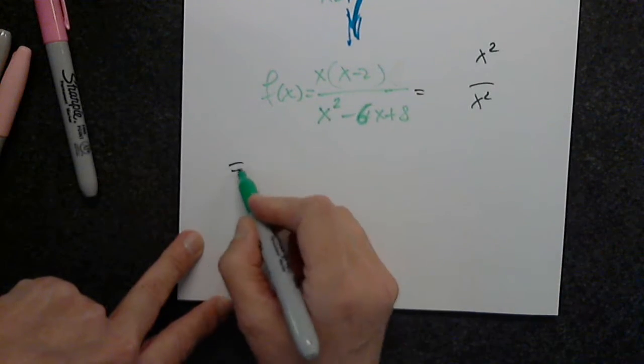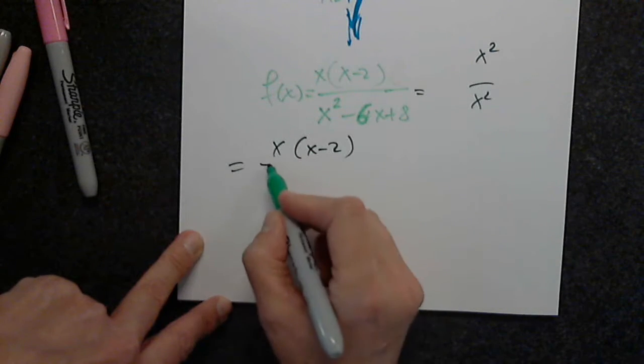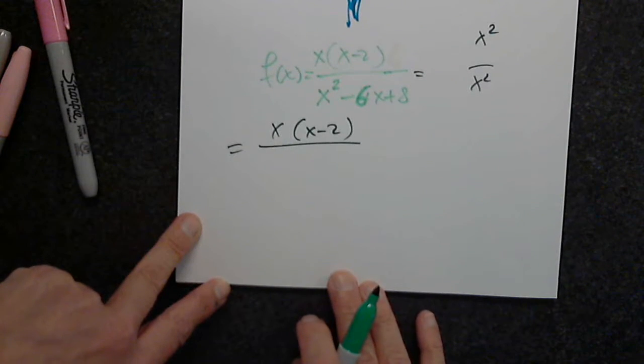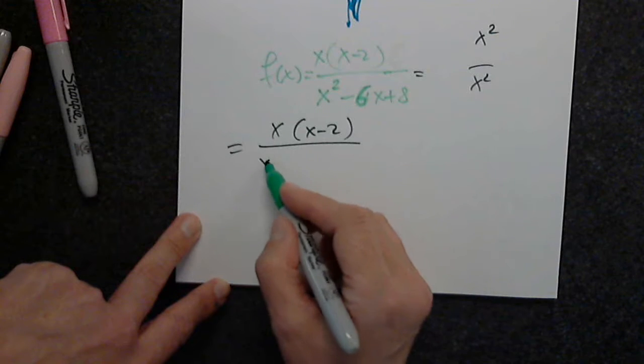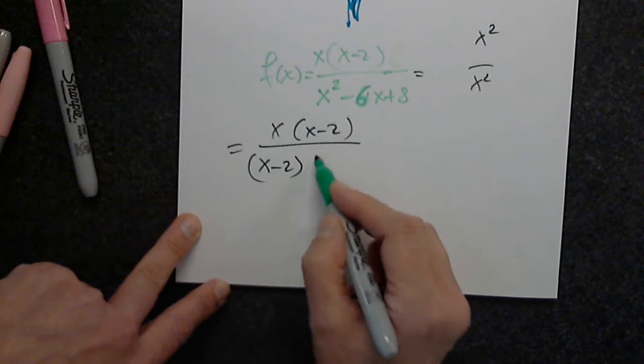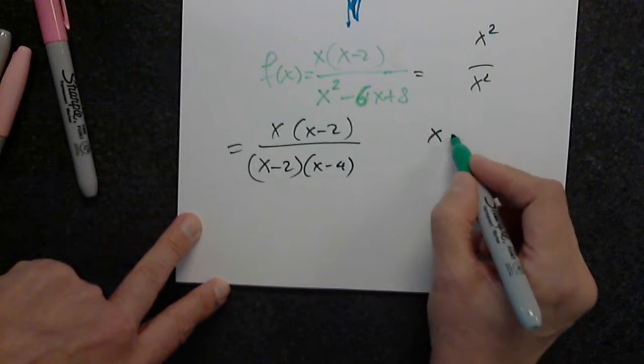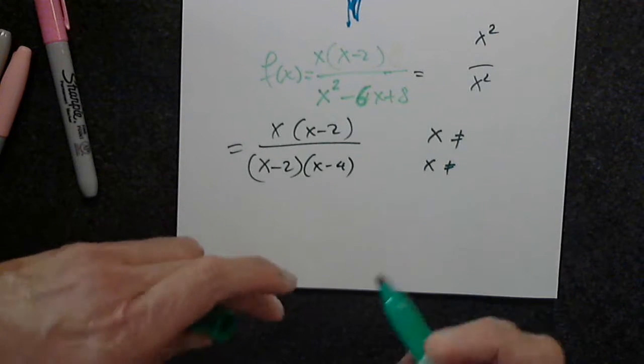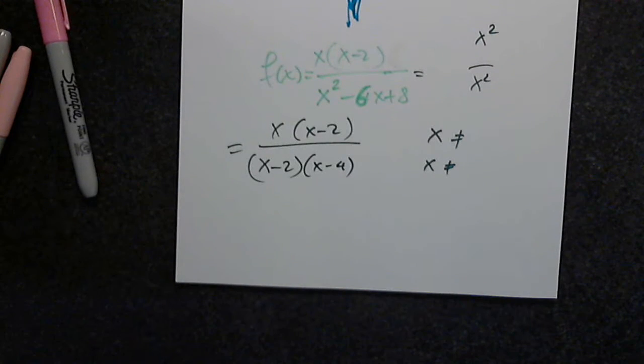I will continue by factoring the denominator. How do I factor a denominator? Very good, x minus 2 and x minus 4. I have to state 2 restrictions. If you remember, we said that from a month and a half ago: we must state the restrictions before we simplify the function. Very good, 2 and 4.